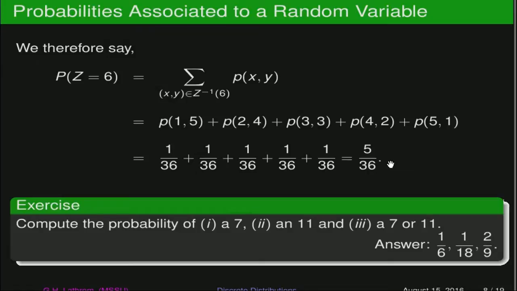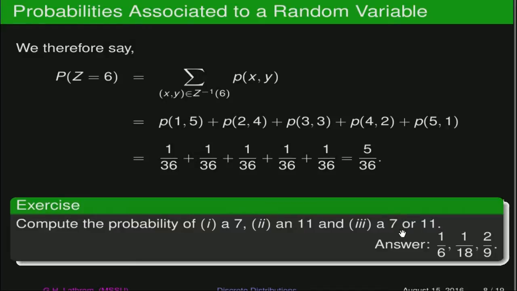And so let's say that we were interested in computing the probability of rolling a 7, or the probability of rolling an 11, or even the probability of rolling a 7 or an 11. If you use this same idea of looking at the preimages of all of the elements in the sample space that have an image under Z of 7, that's going to tell you how many ordered pairs have an image of 7, how many ordered pairs have an image of 11, and how many ordered pairs have an image of either 7 or 11.